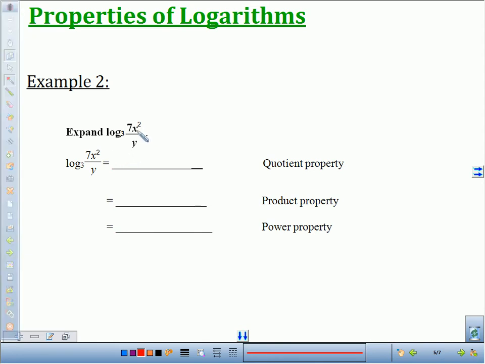And the quotient property says that if I have log base 3 of 7x squared divided by y, I can rewrite that as log base 3 of 7x squared minus log base 3 of y. That's the quotient property. I split the division off as subtraction.